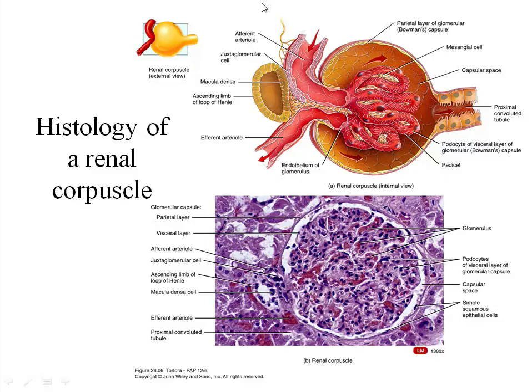But one more point they have highlighted here is the JG complex. This is the ascending loop of Henle. The cuboidal epithelial cells of the ascending loop of Henle attached to the afferent arteriole and efferent arteriole now become modified.